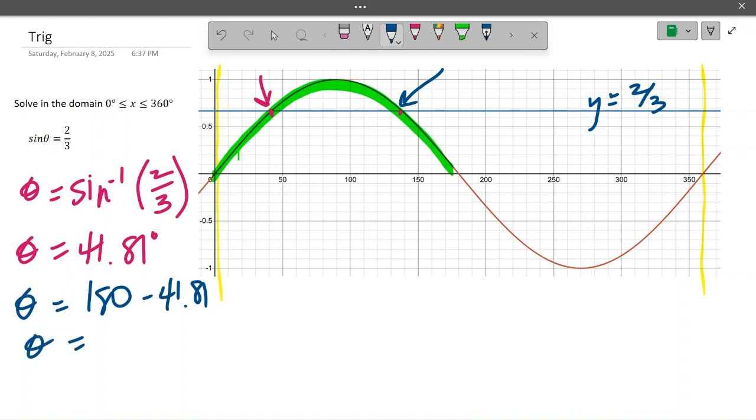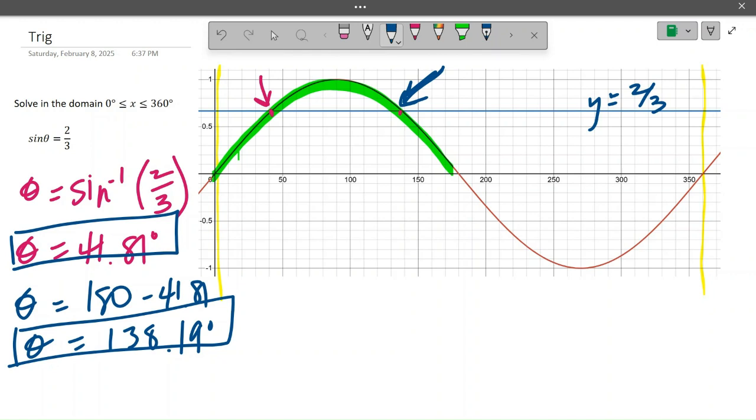When we do that, we get a solution of 138.19 degrees, and that is this point right here. So our two solutions within the domain 0 to 360 degrees are 41.8 degrees and 138.19 degrees. Let's try another problem.